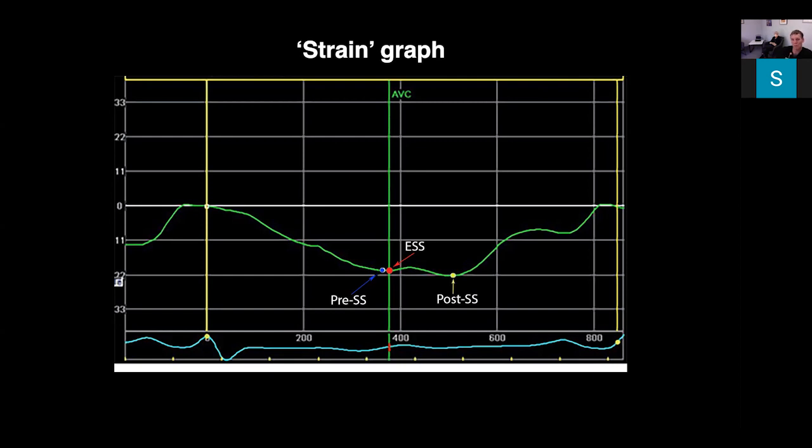And so what the aficionados, if you like, of strain would say is anything that happens before the aortic valve closes is the true systolic strain, because that's where you're getting, if you want to call it, constructive contraction. That's where the myocardium is contracting to eject blood from the LV, and that is true systolic function.